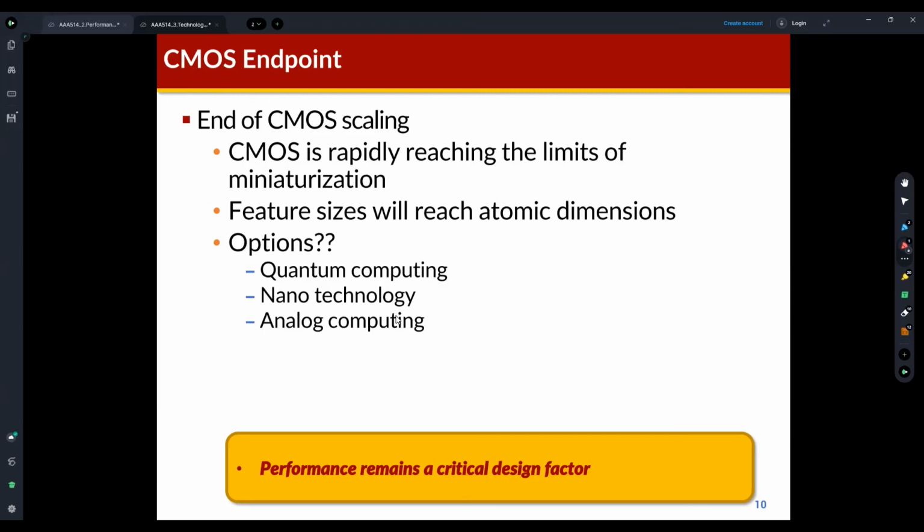As I said, if we use smaller transistors, the characteristics of a transistor get better. This is the effect of CMOS scaling.